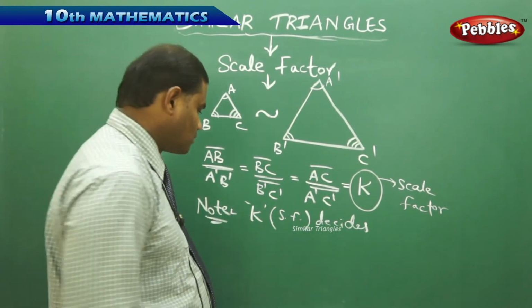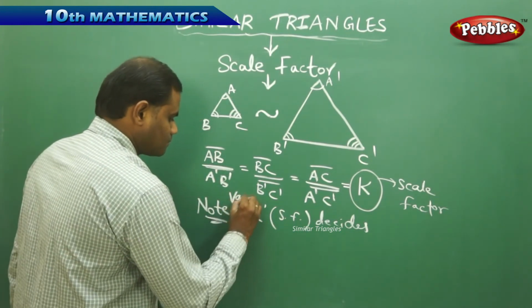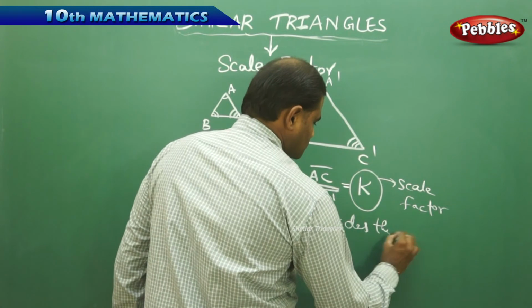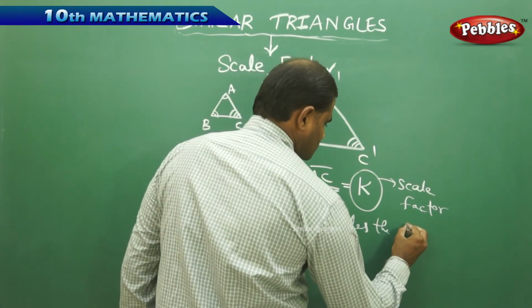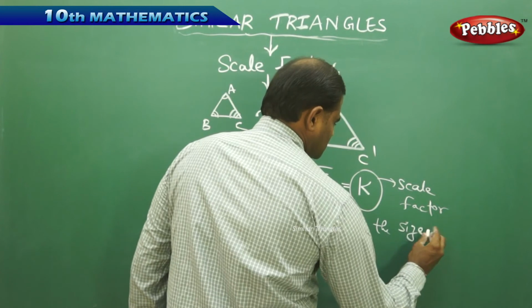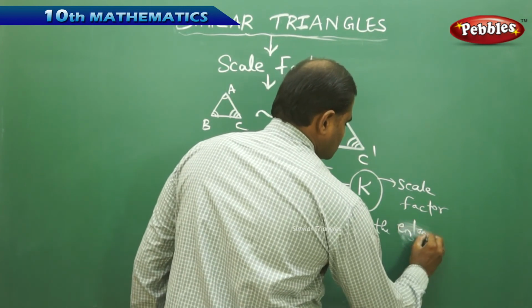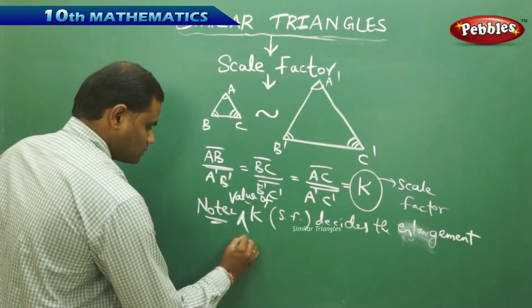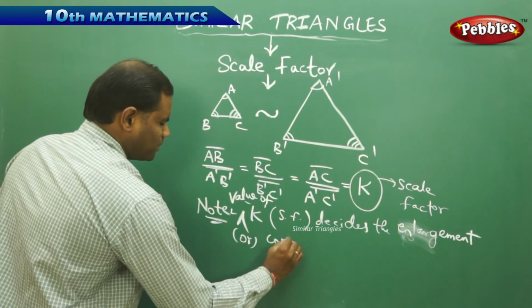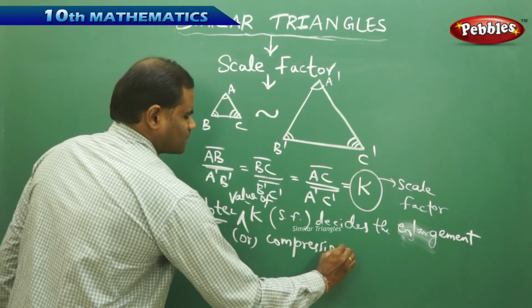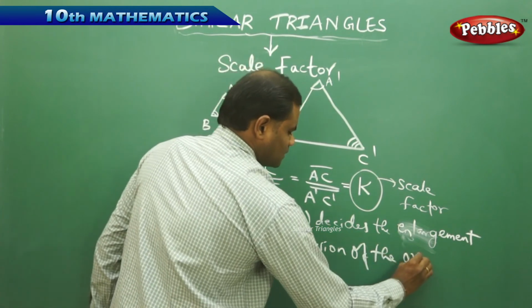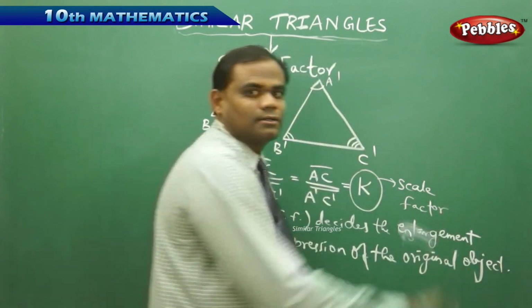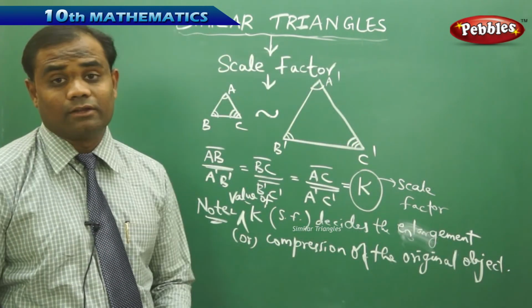So the value of k decides the enlargement or compression of the original object, is what we understand through the scale factor.